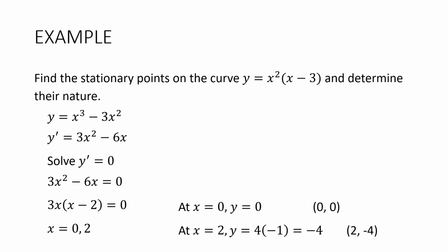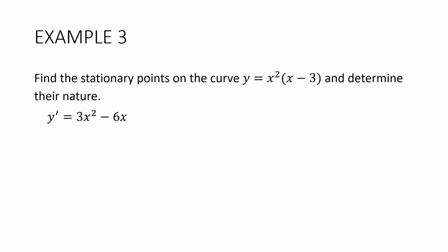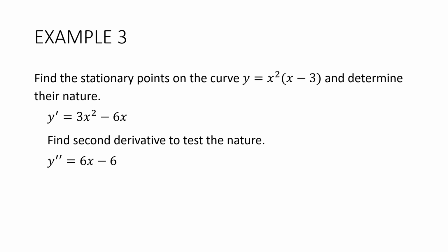So at x equals 0, y is equal to 0, so that's the point (0, 0). At x equals 2, y is equal to 4 lots of -1, which is -4, so that's the point (2, -4). Now let's find the second derivative to test the nature of those points. The second derivative is 6x take away 6. And we're just going to do both of those in turn.